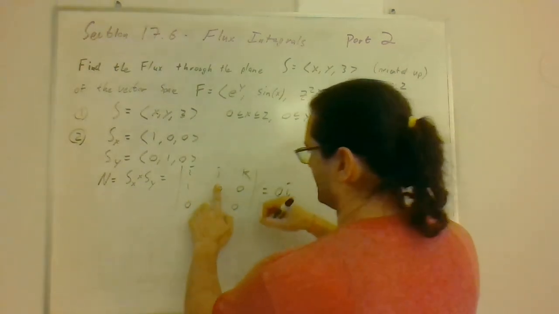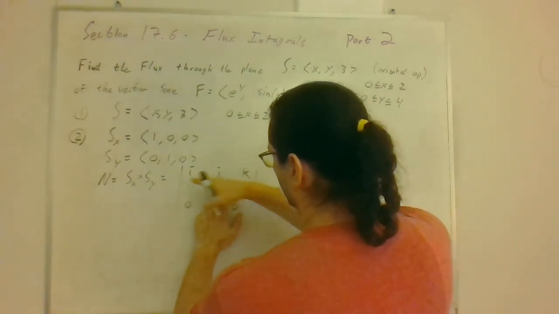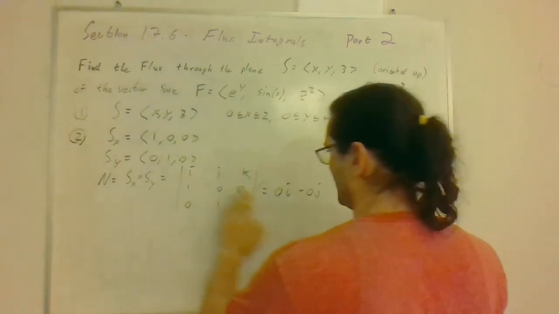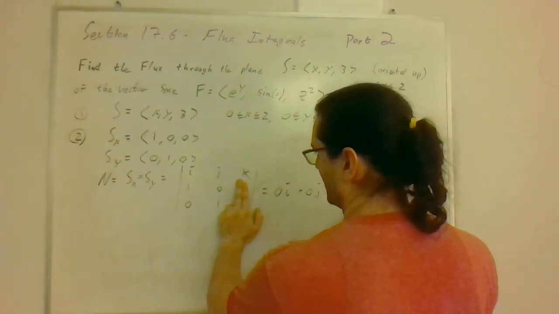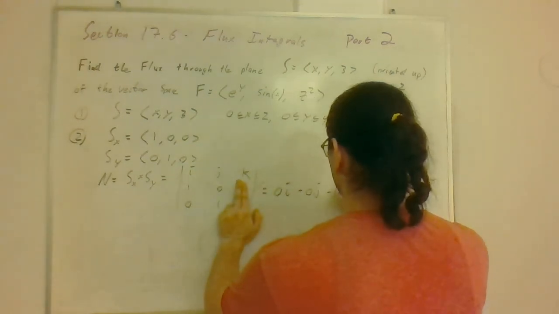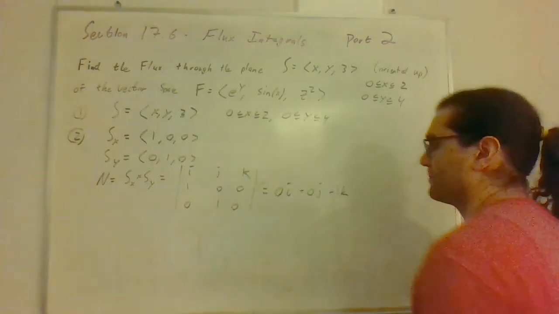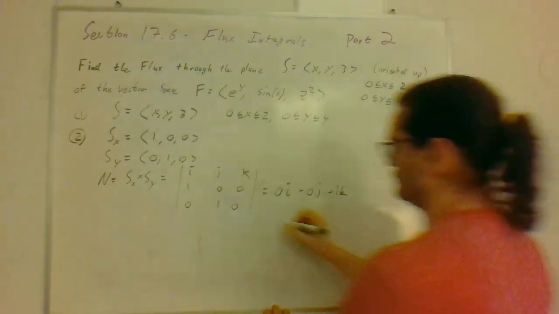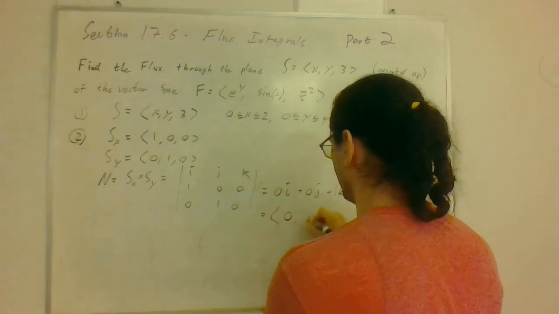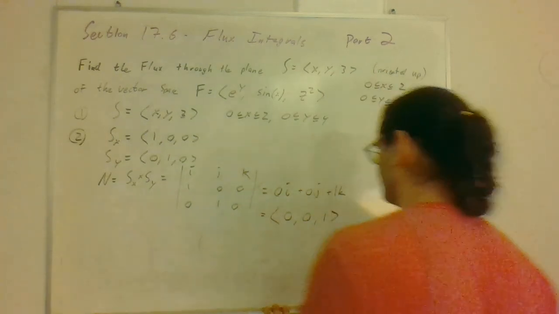When I expand across j, I get 0 minus 0, so 0j. And when I expand across k, I get 1 minus 0, so I have 1k. So written with brackets, my normal vector is 0, 0, 1.